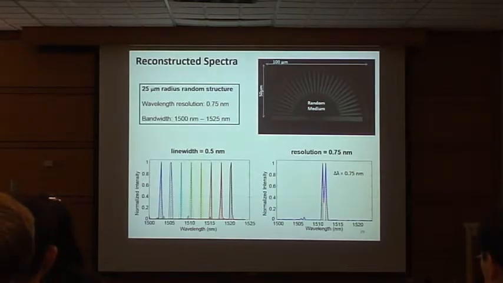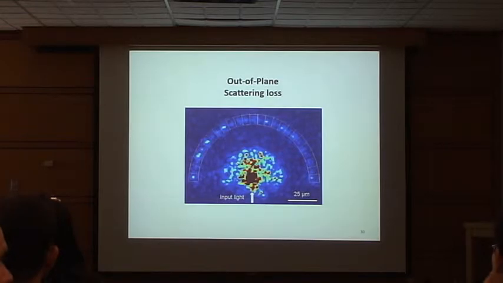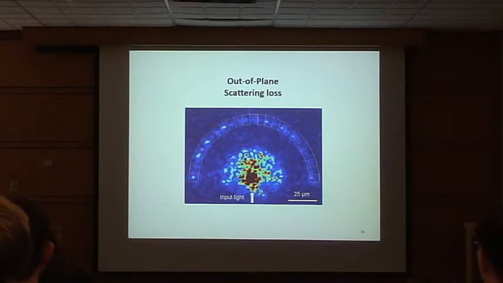Okay, and another issue is about loss. I think the throughput is very important. Not only the size and the resolution, the throughput is very important for the sensitivity. So here you see that we can avoid the light going back, but light can still scatter to the top. That's how you can see this kind of imaging here. So how can we minimize that?